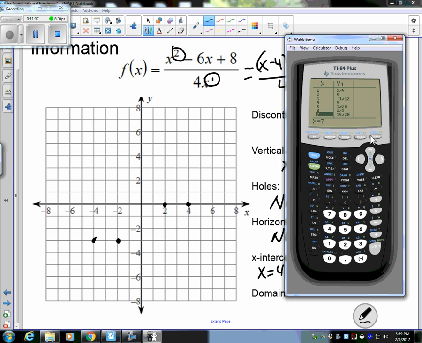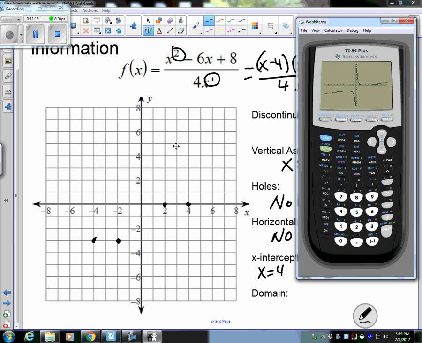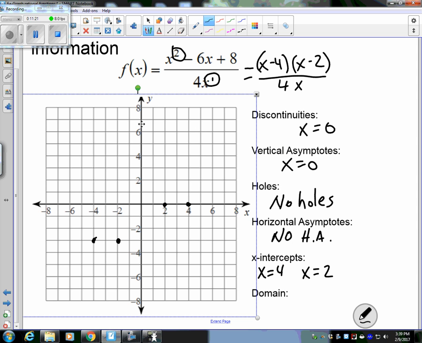So this is the way our graph's going to look. It's going to come up here and down, here and down. Remember, we have our vertical asymptote at 0, so we should draw that in. Before you start drawing the actual graph, make sure you have your vertical and horizontal asymptotes in, if there are any. So there's your vertical asymptote.